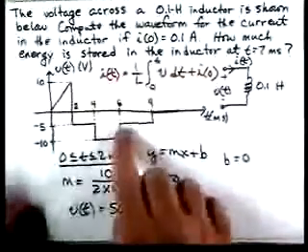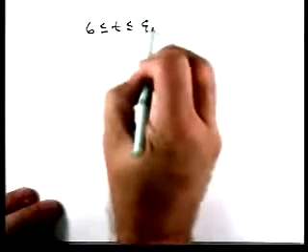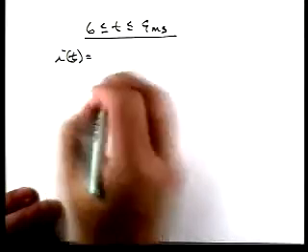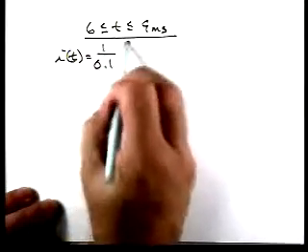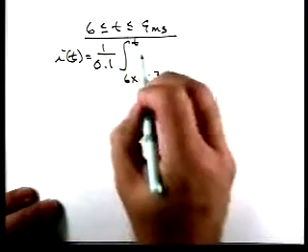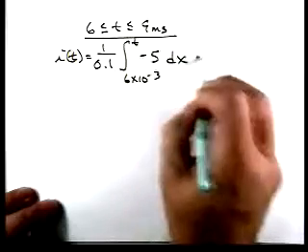Again, remember our waveform now, it's -5, from 6 to 9 milliseconds. Now i of t is 1 over 0.1 integral from 6 times 10 to the -3 to t of -5 dx, minus 0.1.